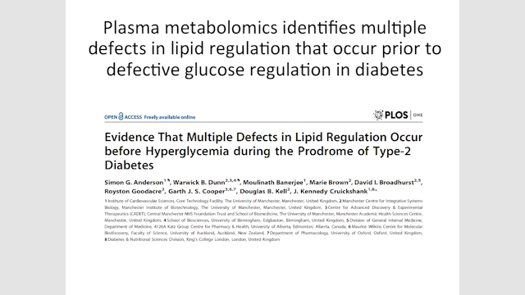Here's another one that we completed quite recently, which basically shows that we can do the same thing with prediction of risk of type 2 diabetes. And as Sully was talking about, the risk is conveyed not by glucose, but this is in the time before glucose becomes elevated. We're able to identify a panel of lipids that circulate in the blood that we're able to use to predict who will and who won't get diabetes.